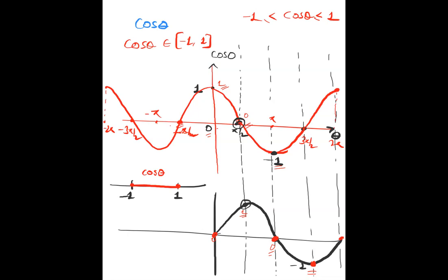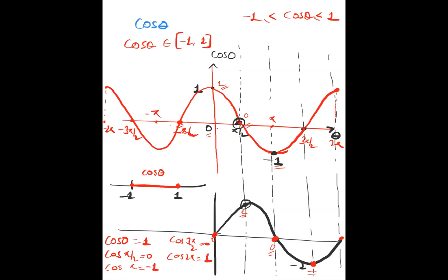So major highlights: cos 0 is 1, cos 90 is 0, cos pi is minus 1, cos 3 pi by 2 is again 0, cos 2 pi is again 1.